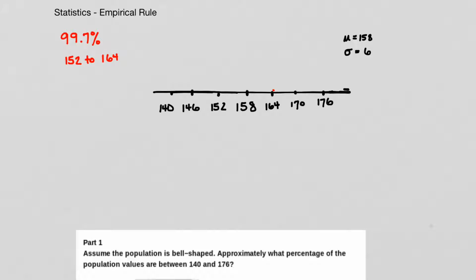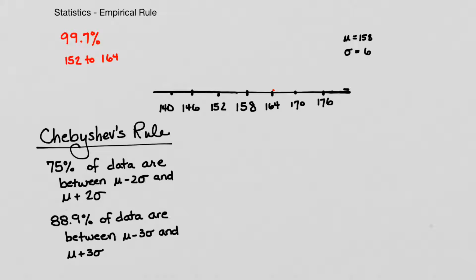And what this says is that 75% of the data are between mu minus 2 standard deviations and mu plus 2 standard deviations. So this would be at least, I should say, squeeze that in there, at least, because we don't know the distribution.